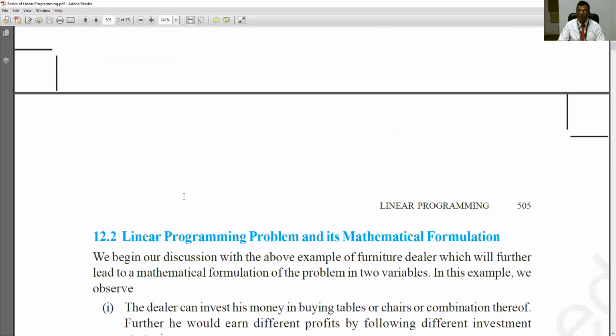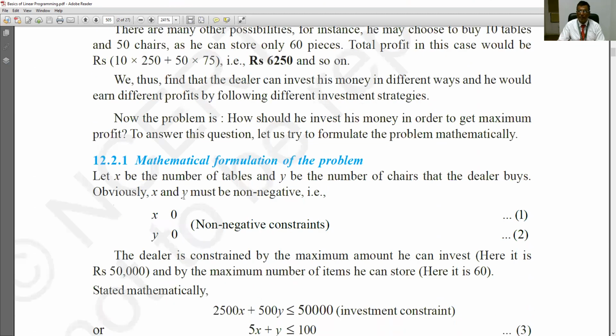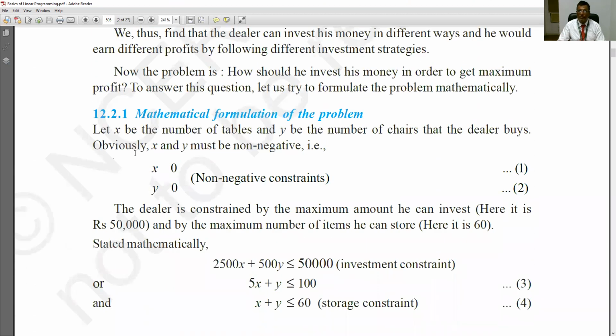So for that, in each and every numerical problem, you have to write this mathematical formulation. See here, this is the mathematical formulation of the problem.